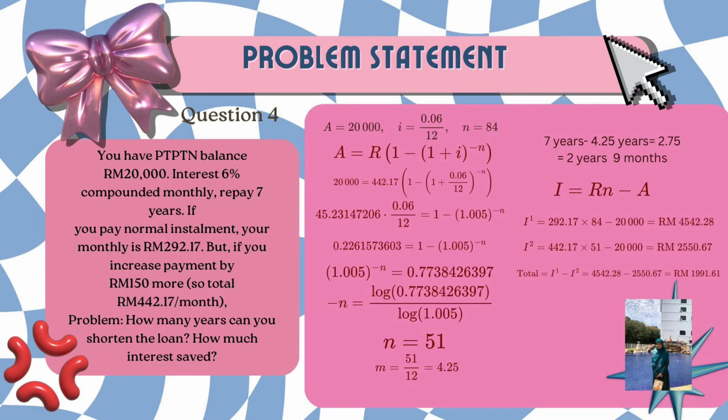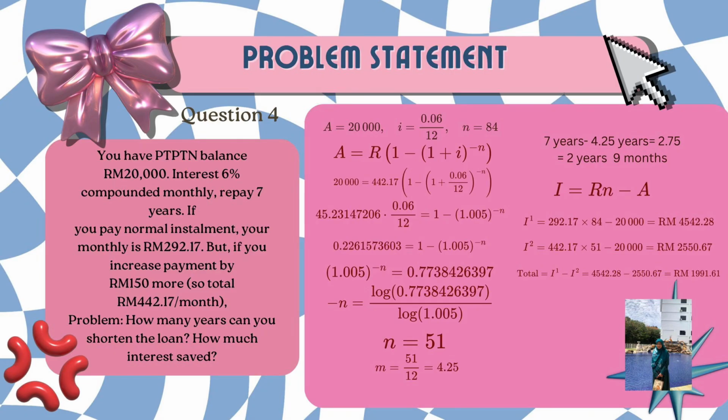So it will be bracket 1.005 bracket negative N equal to 1 minus 0.2261573. Then we will get bracket 1.005 bracket negative N equal to negative 0.7738426,397. So the next step is we want to find the N.